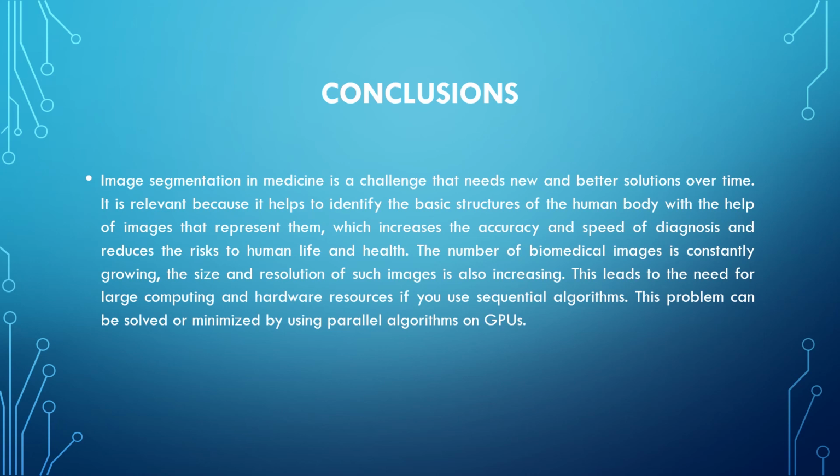The number of biomedical images is constantly growing. The size and resolutions of such images is also increasing. This leads to the need for large computing and hardware resources if you use sequential algorithm. This problem can be solved or minimized by using parallel algorithm on GPU.